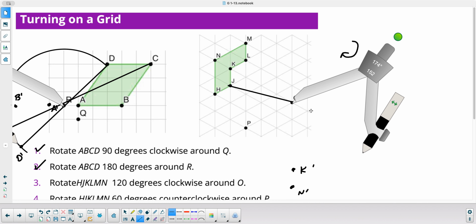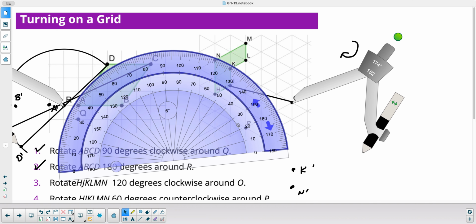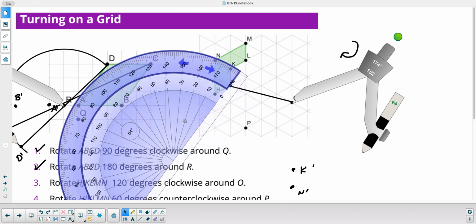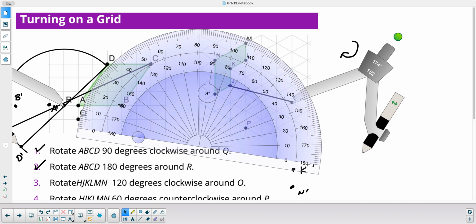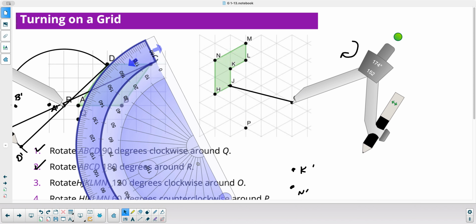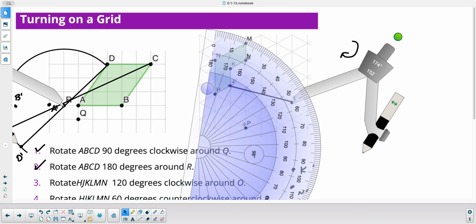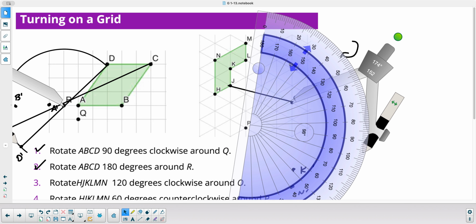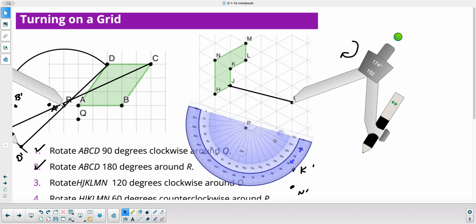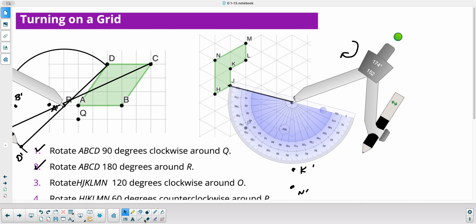So here's my J. I'm going to measure 120 degrees. So let's see here.